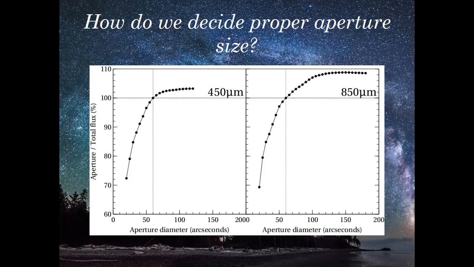In that particular curve of growth, as you can see, most of the flux below this particular line on the screen, in this particular zone, is contributed by the star.